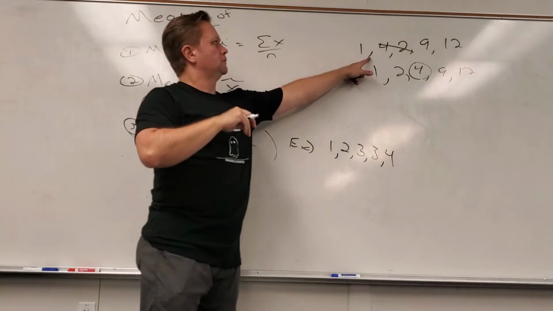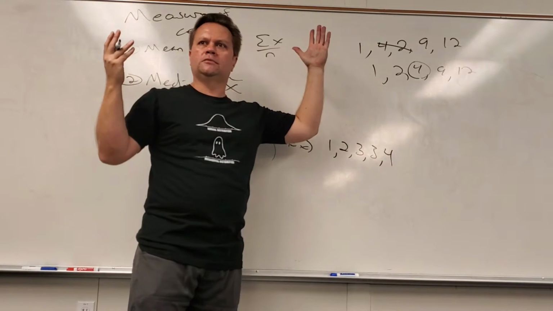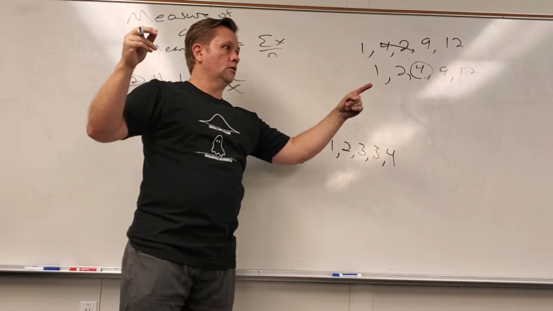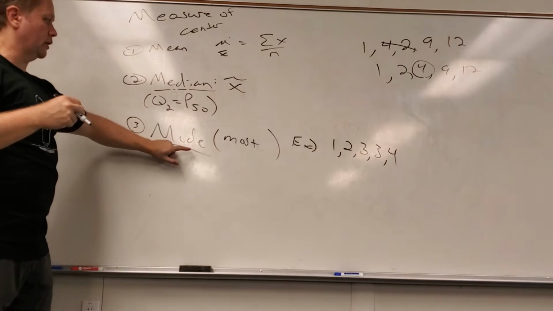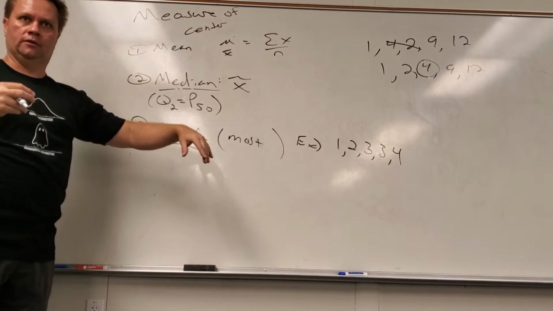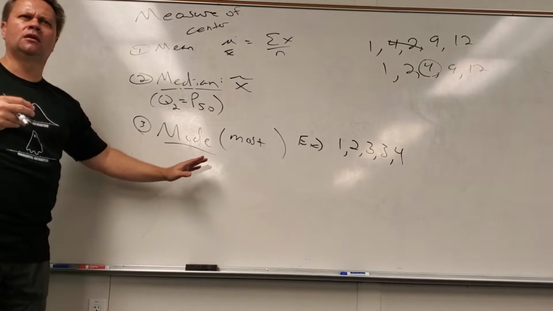What's the mode here? No mode. There's just no mode. Out of the ones we've done so far, that's the only one that works with qualitative data, because it doesn't require adding or dividing. If I said add up all the hair colors and divide, that wouldn't work.